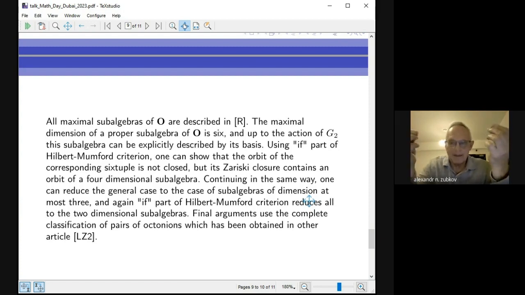Then it's clear that because of this one-dimensional torus, your orbit will be expressed, in some sense, as a sum of weighted components, right?